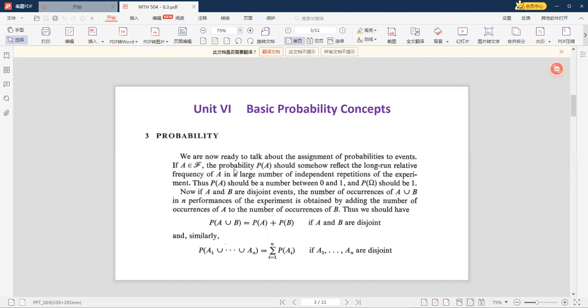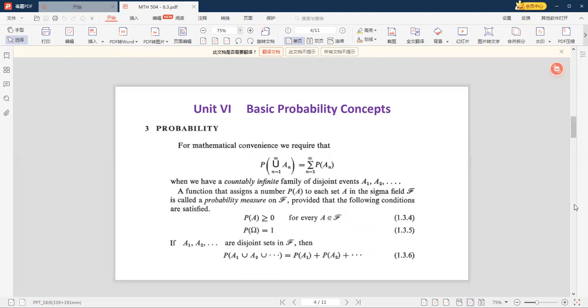So we assign to each event a number between 0 and 1. The probability of the sample space is 1, of course, because it always happens. So in this way, we define probability in mathematics with some properties.